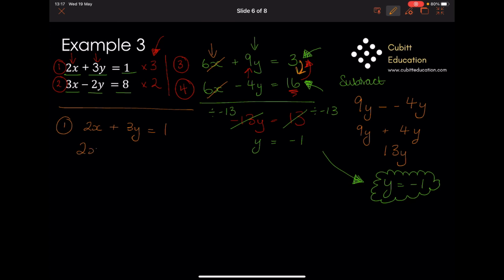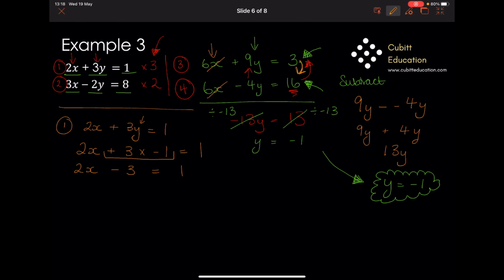So I end up with 2x plus 3 times minus 1, because y is minus 1, equals 1. So that means 2x, and 3 times minus 1 is minus 3, and that should equal 1.